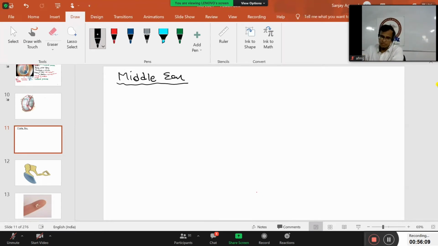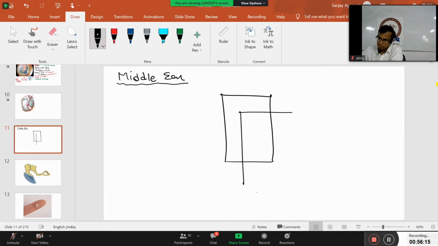That's why whenever I draw the middle ear, I draw it like this. Like a box. This is how we draw the box, isn't it? So this is like the middle ear, like a box. 6 boundaries. And this box-like middle ear is divided into compartments by drawing 2 lines.